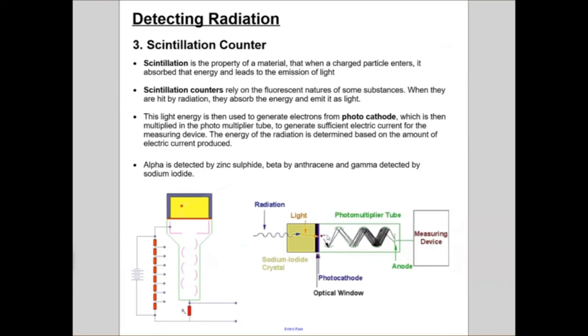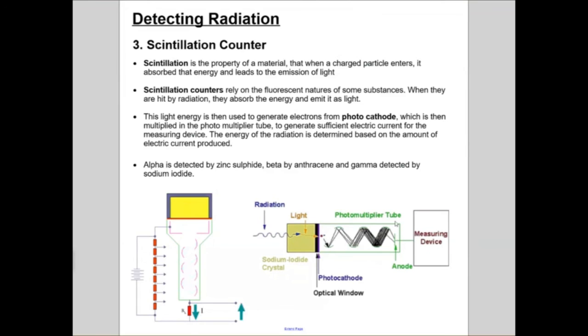Then again, they are attracted towards the second curved anode. Again, because of that hitting, some additional electrons will be produced. This process is repeated a couple of times, and finally you would get a sufficient number of electrons, sufficient enough to be detected or to produce a small amount of voltage, right?